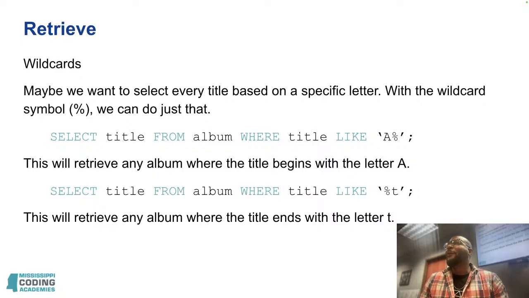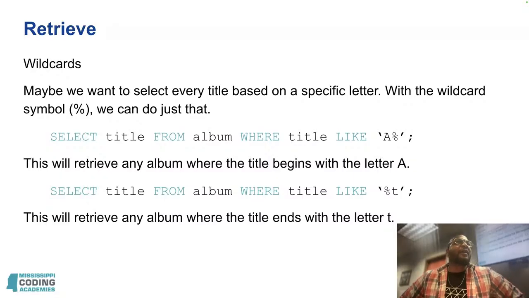Now we have wildcards, okay? Because a lot of times when we're retrieving data, say we want to add a search functionality to our form or whatever, I want to be able to query the database based on certain criteria.